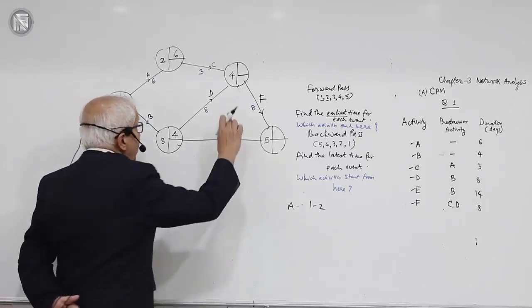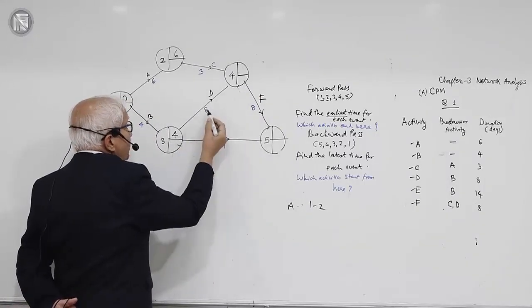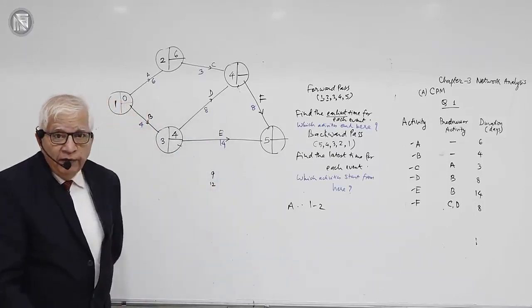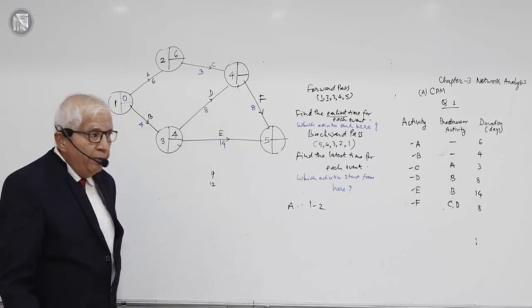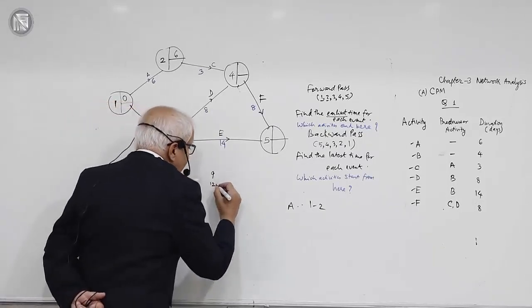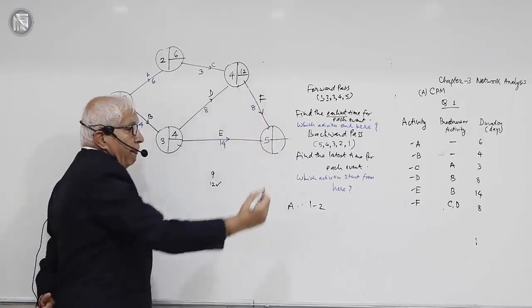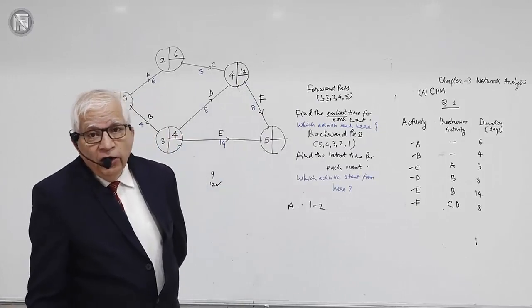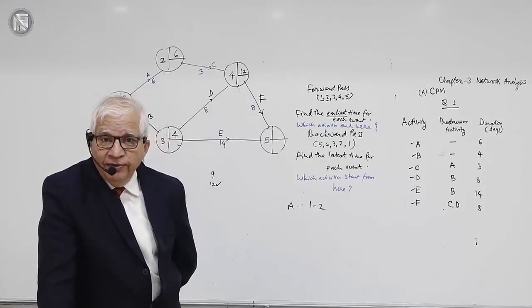And when will activity D be complete? 4 plus 8, that is 12. And since both these activities are required to be completed for event number 4 to happen, I must take the higher between the two, that is 12. So, in other words, event number 4 cannot happen before time 12. Okay. I have done the calculations at event number 4.